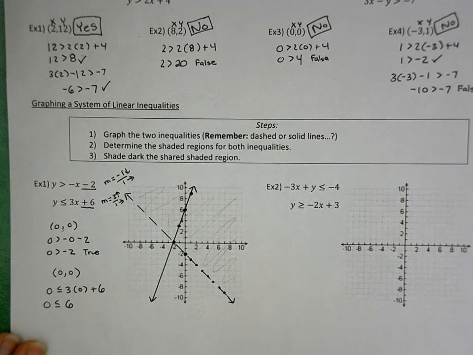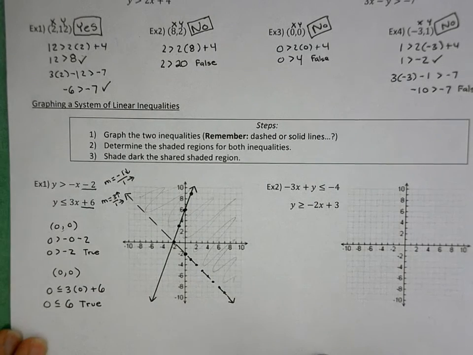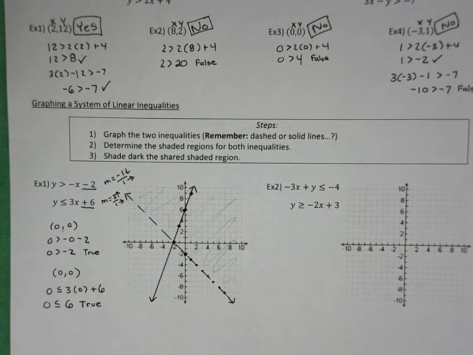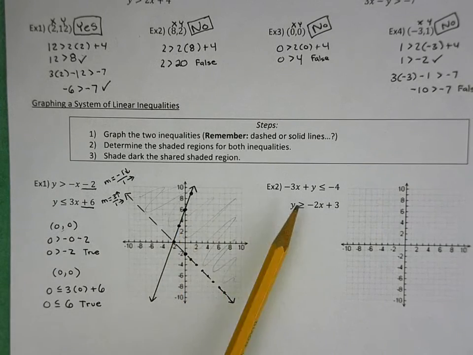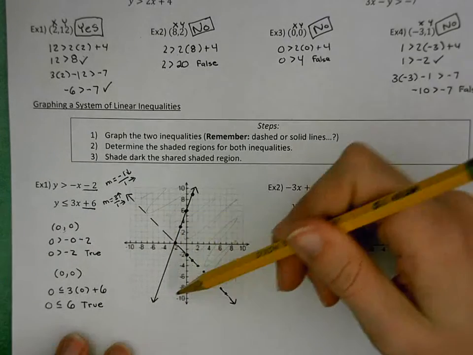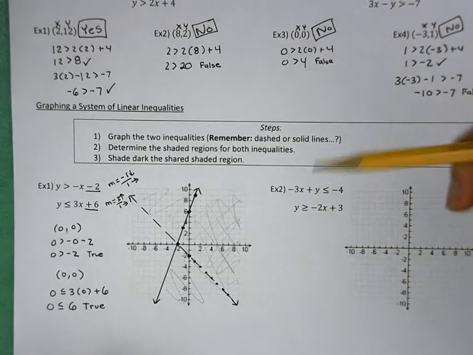And is 0 less than or equal to 6? It is. And so we're going to shade the side of that solid line where 0, 0 is located. Okay, 0, 0 is located here, and so we're going to shade in this side of that line. And again, do so lightly, because we're going to end up erasing part of it and darkening in the other part.